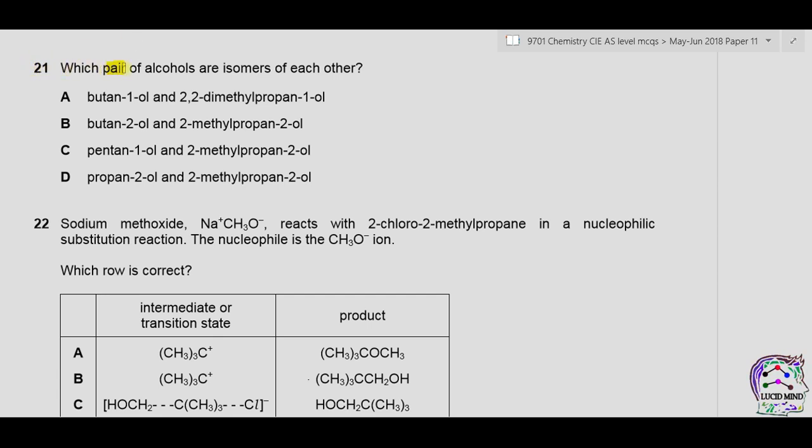Question 21. Which pair of alcohols are isomers of each other? Now isomers means those compounds that have the same molecular formula but different structures. In A we have butan-1-ol, so in the long chain we have 4 carbon atoms for butane, and on the first carbon we have the alcohol group attached.